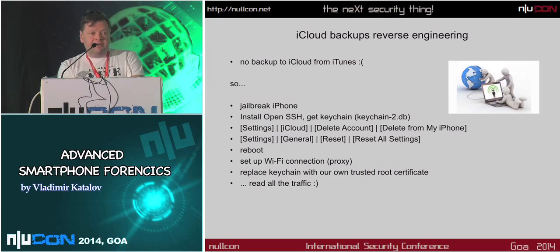So from now on, the iPhone connects to all networks using our proxy, and we replaced the keychain in the iPhone with our own one, and replaced the trusted root certificates. So now we'll be able to read all the traffic by decrypting all the packages.